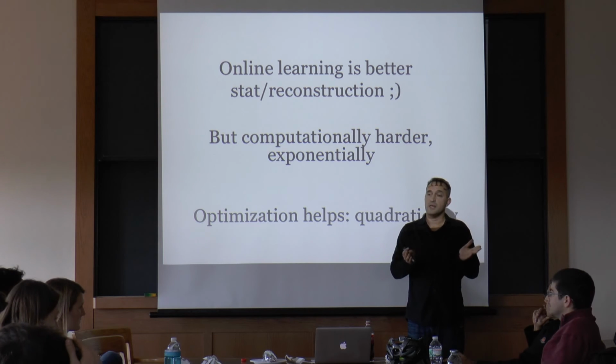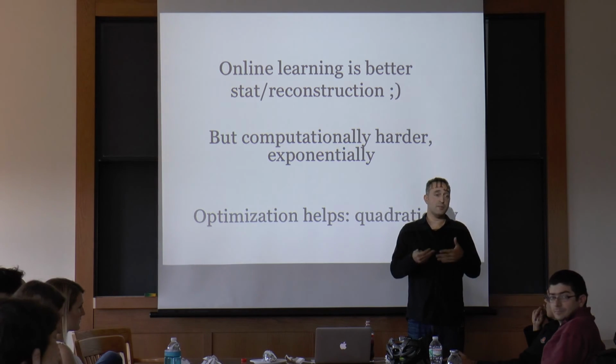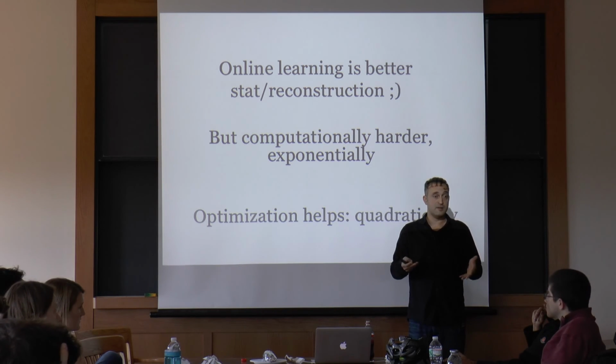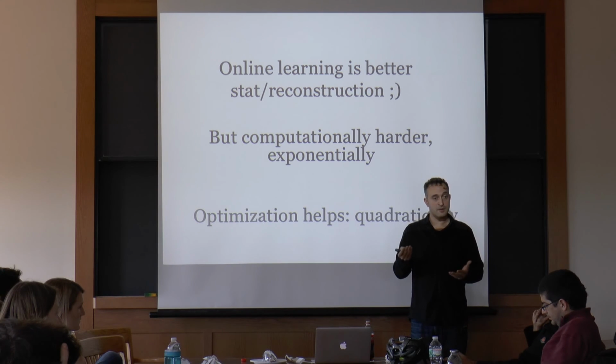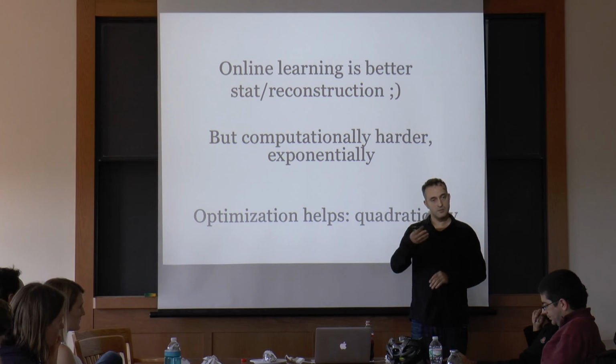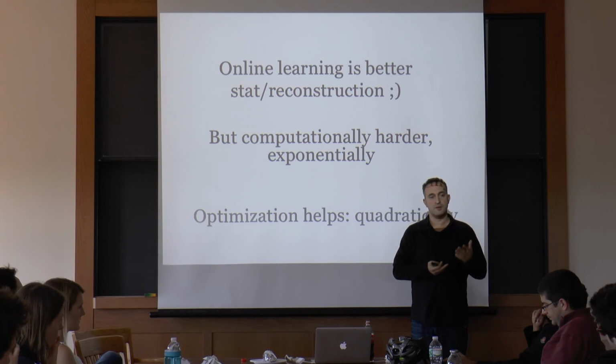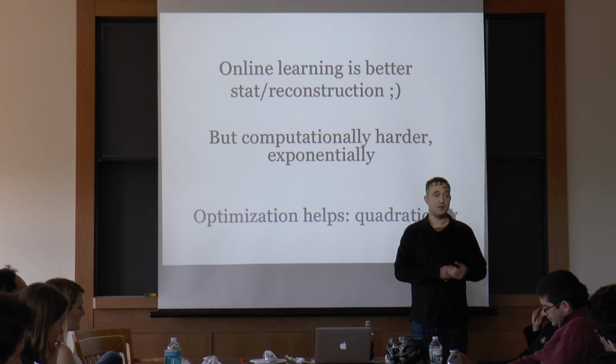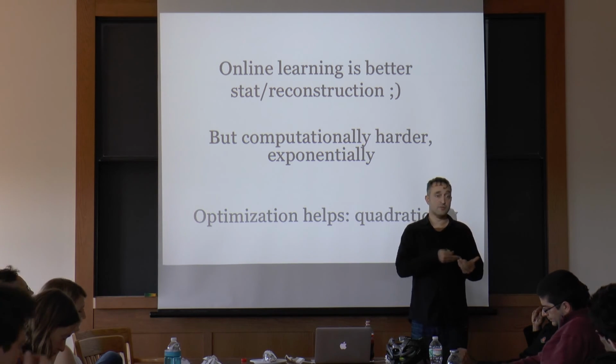So you say, I just want to compete with the best matrix from a given class. And this class doesn't have to be low rank, doesn't have to be incoherent, it doesn't have to be anything. That is the competitive approach to learning. So it's more general, and this discussion is kind of off topic, but you can definitely model things in terms of loss, iterative loss minimization, instead of trying to reconstruct.